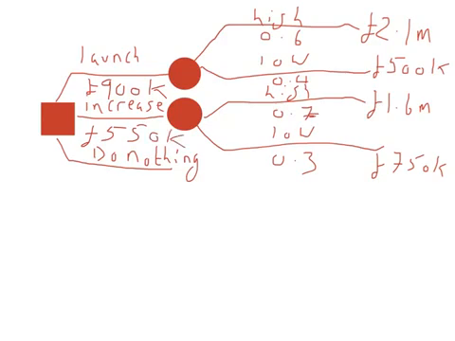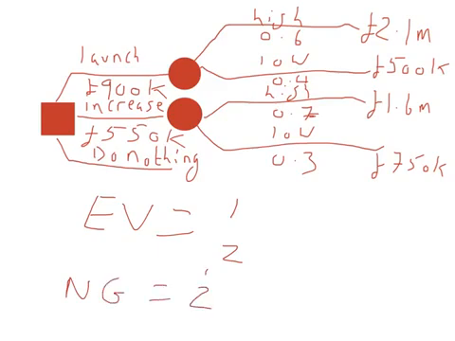So now that you have the information regarding the revenue, the probabilities and the costs, I would like you to have a go at calculating both the expected value for both options, so that's 1 and 2, and also the net gain for both options.